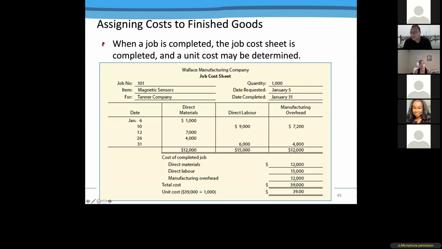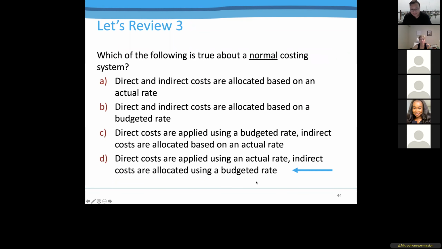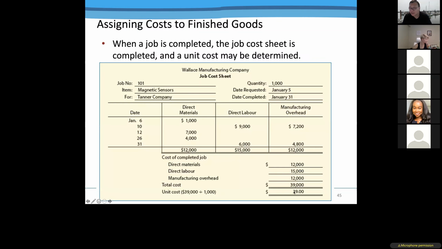So now let's talk about assigning costs to finished goods. When a job is finished, here is the job cost sheet. You can see that we calculate the total cost for this job, and then you figure out the unit cost.